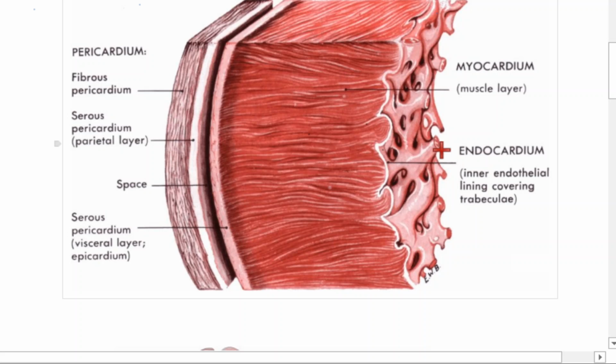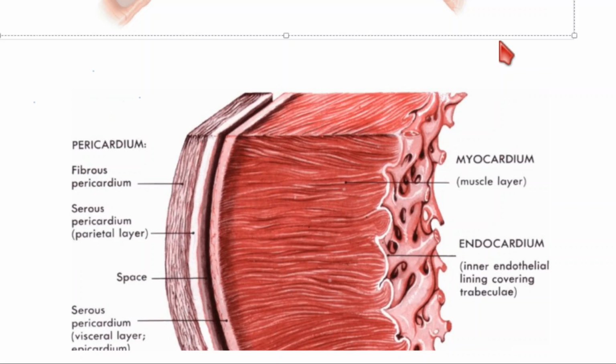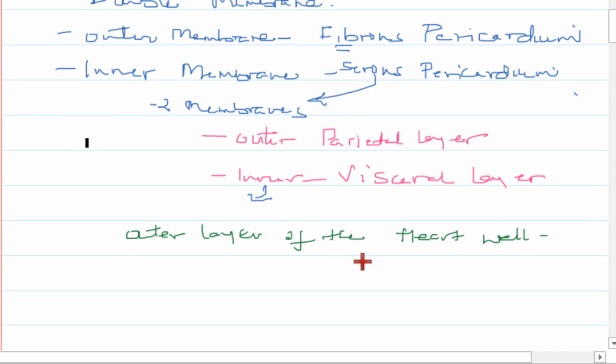So if we are going from the inside of the heart to the outside, we have endocardium, myocardium, epicardium, visceral layer of the serous pericardium, pericardial fluid, the parietal layer of the serous pericardium, and the fibrous pericardium. Understood? Okay. So these make up the wall of the heart and the membrane it is enclosed in.